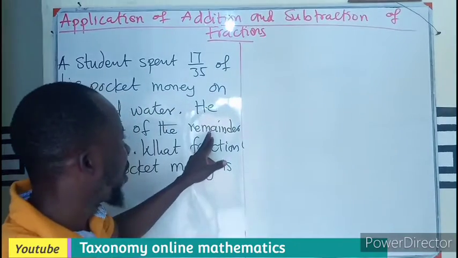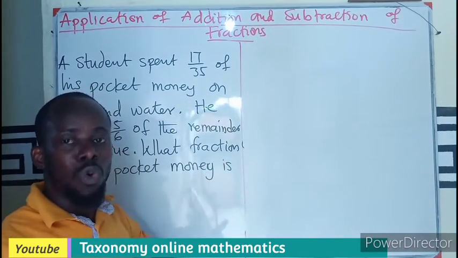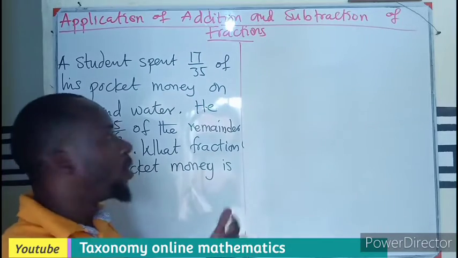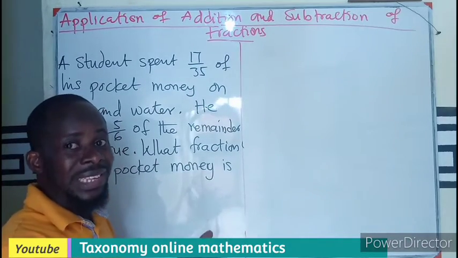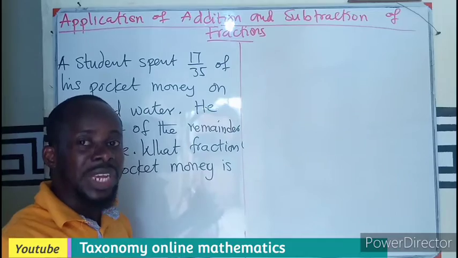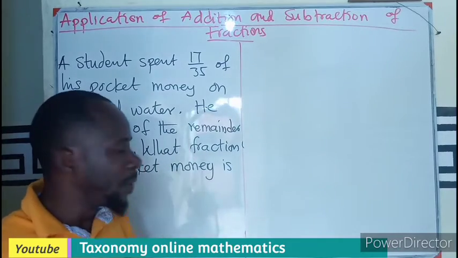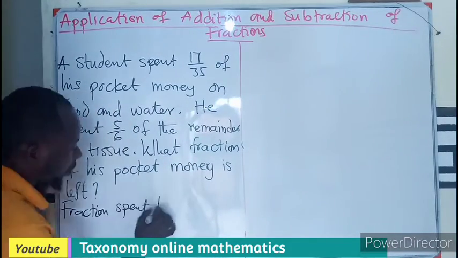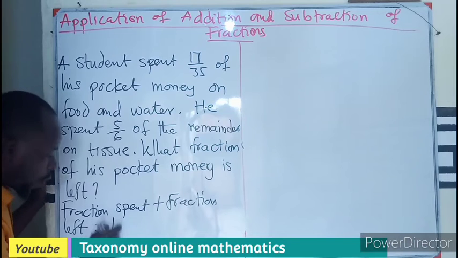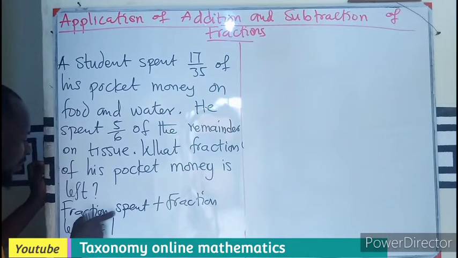So it means that for us to find the remainder, we need to know what is the total money. But in this case, it is in a fraction. So the total fraction is the whole, which is going to be 1. Simply put, 1 minus fraction spent will give you fraction left.